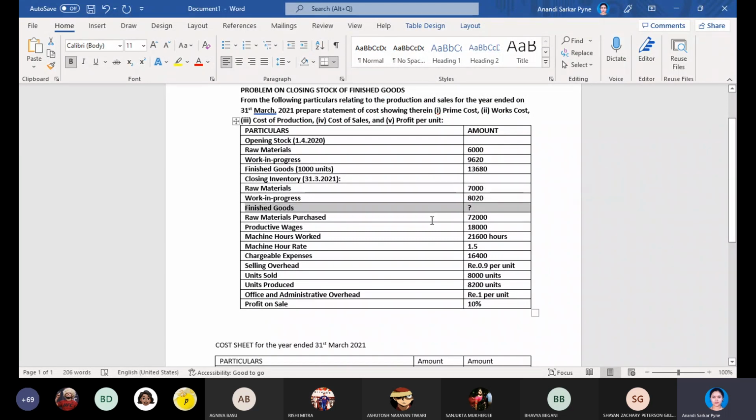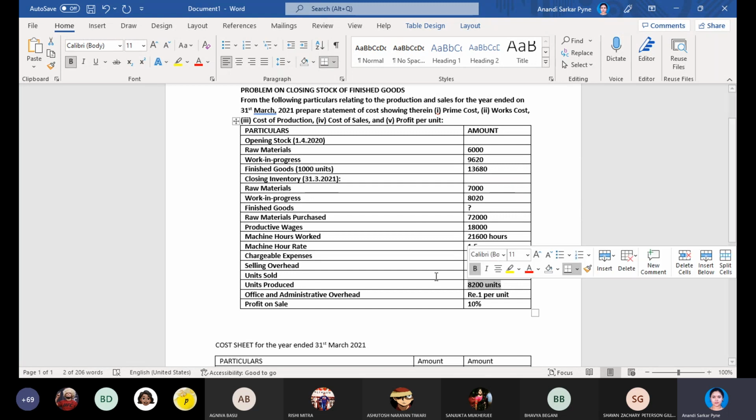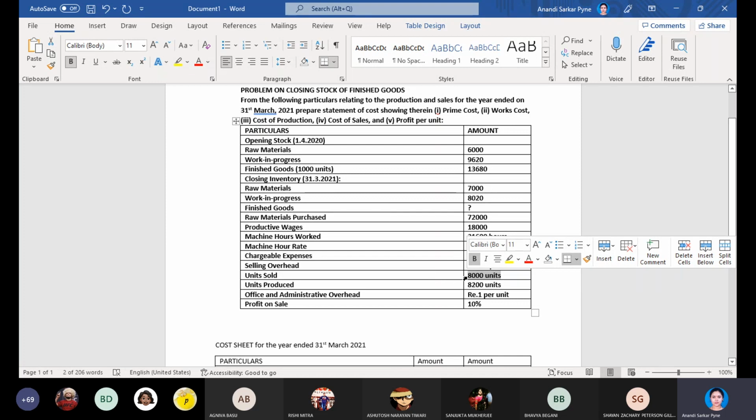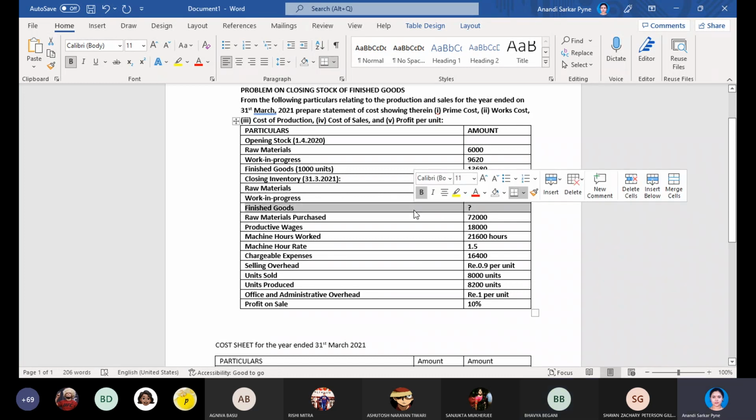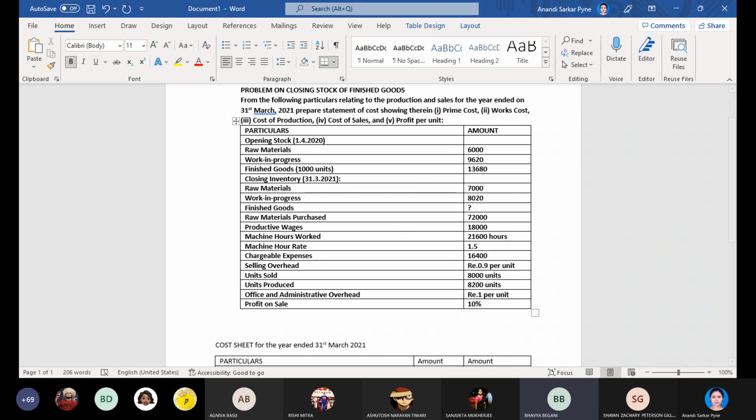We had opening stock of finished goods of 1,000 units, add units produced of 8,200, so 9,200, minus the units actually sold, which is 8,000. So 1,200 units is the closing stock of finished goods.